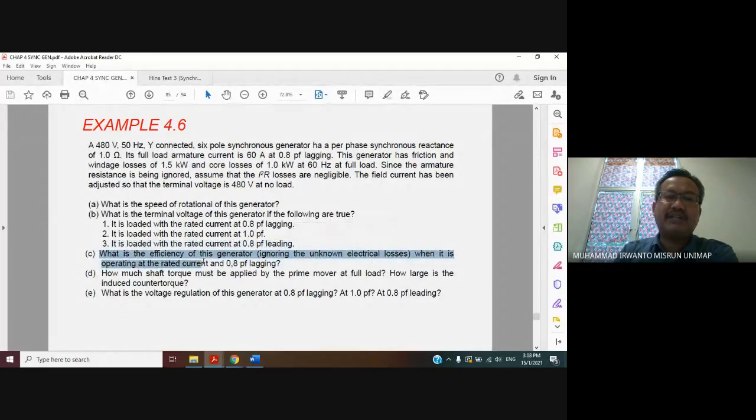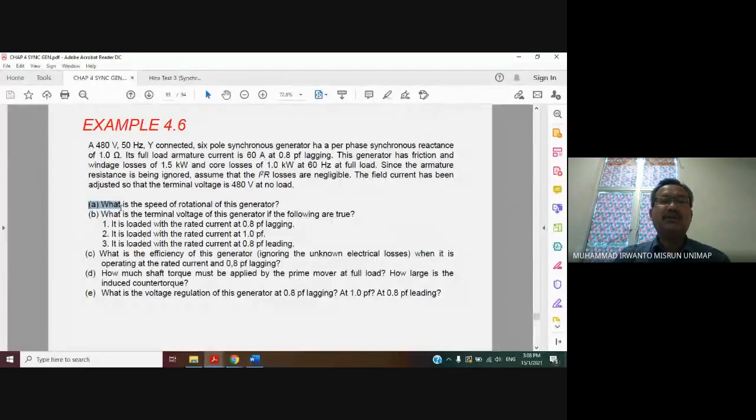C, what is the efficiency of this generator, ignoring the unknown electrical losses, when it is operating at the rated current and 0.8 power factor lagging? D, how much shaft torque must be applied by the prime mover at full load? How large is the induced counter torque? E, what is the voltage regulation of this generator at 0.8 power factor lagging, unity power factor, and 0.8 power factor leading?